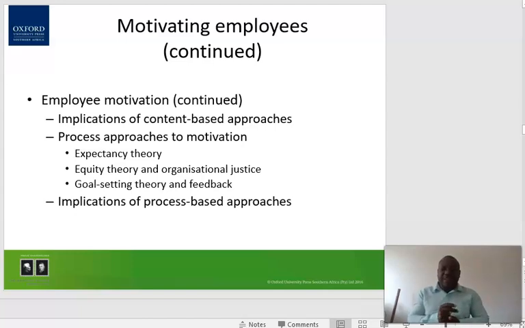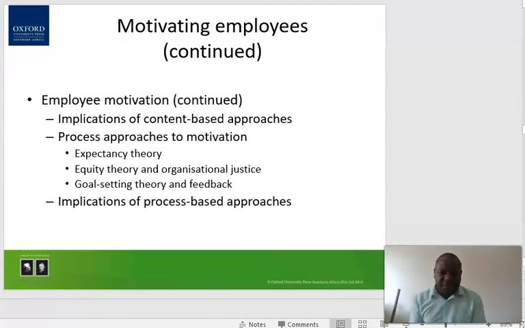Then there is also what is known as the equity theory and organizational justice. In terms of the equity theory, we are saying people ought to be treated equitably in an organization. And once people are treated equitably, not equally, you can't pay people in the organization the same salary and expect them to be motivated. So you can't treat them equally, but you ought to treat them equitably.